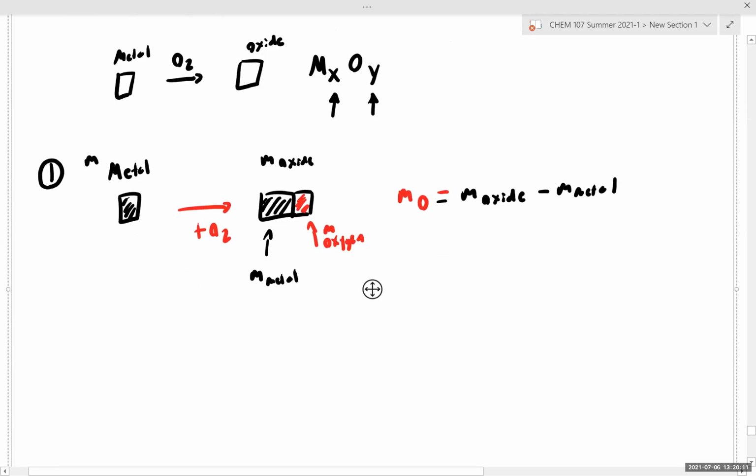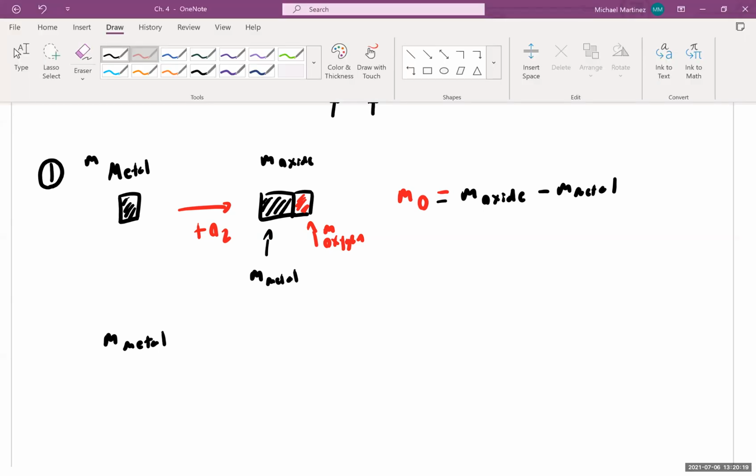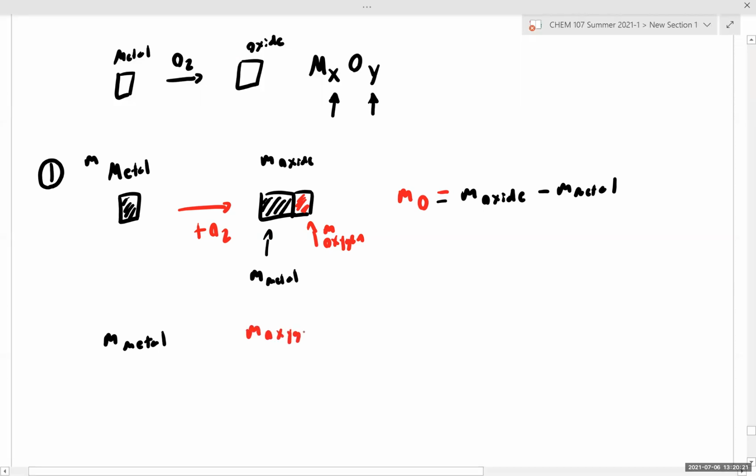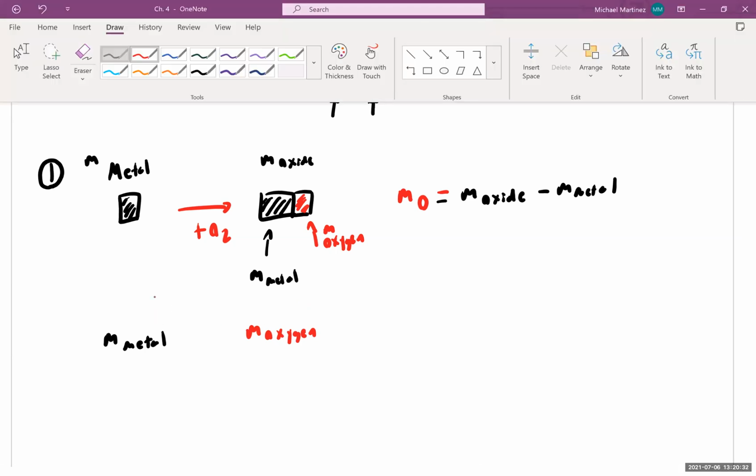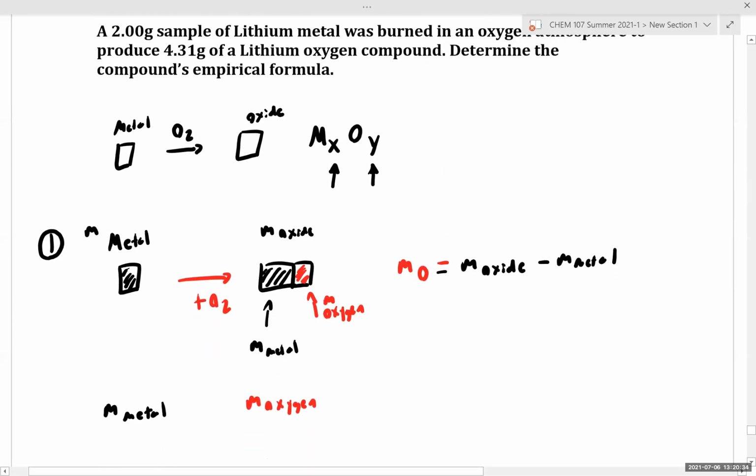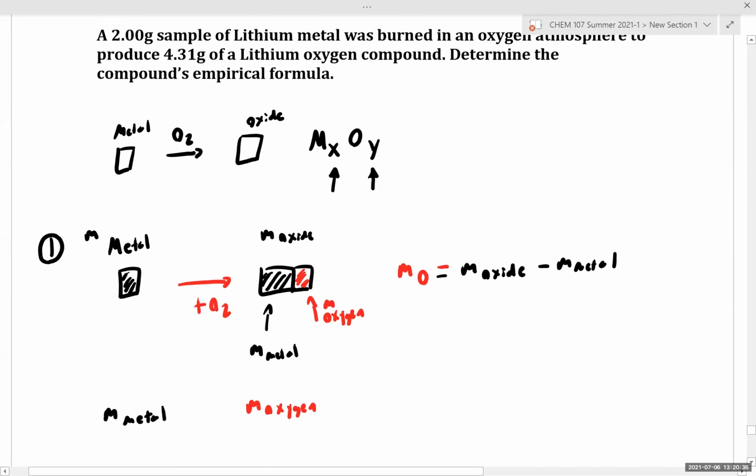Okay, so now we have the mass of metal and we have the mass of oxygen. With both of our masses on hand, we can calculate the moles of each element and in turn calculate the empirical formula.